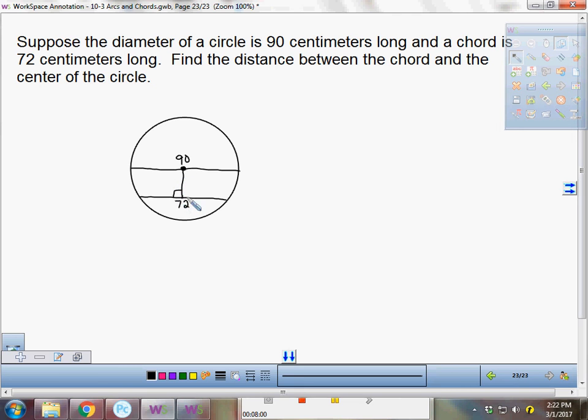Well, that means that this little part is 36, because that'd be half of 72. And then I also know that if I take half the diameter, the radius would be 45. Well, I can draw that to this corner to make a triangle, so that would be 45. And then I can find this leg, which would be the distance. So I'm finding a leg, which means I take the hypotenuse squared minus the leg squared. And that gives me 27, and our unit of measure is centimeters.